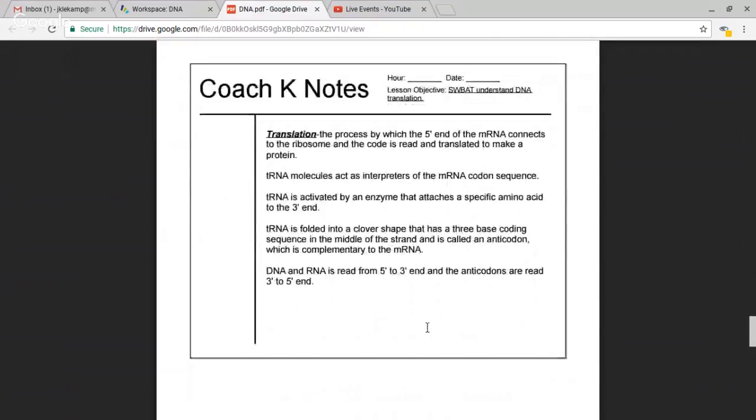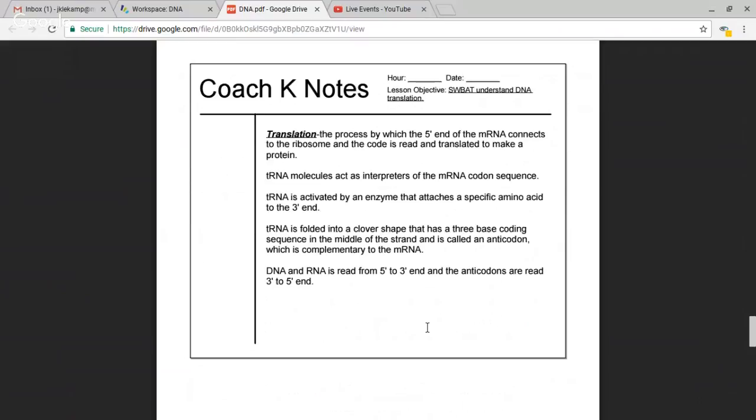Now at the ribosome, we have translation happening. So transcription, I've always explained as something being written. Okay, so we are writing that mRNA line and we're taking it to the ribosome. Now the tRNA translates that based off the anticodon matching up complementary to the mRNA. So again, we're talking about RNA.